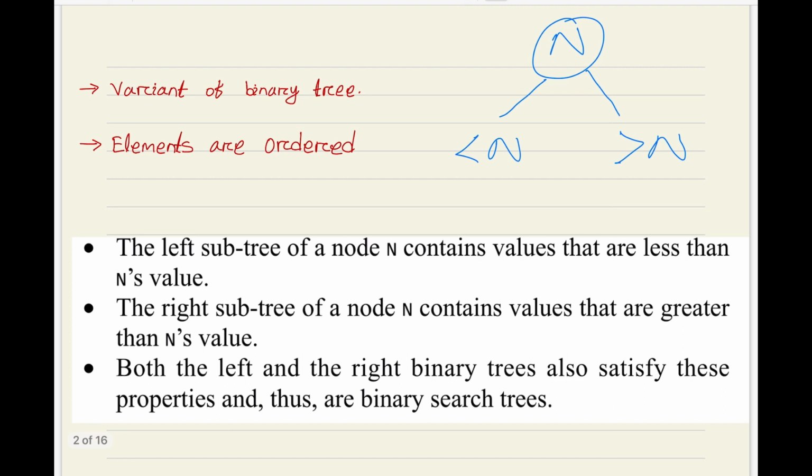So, these are the 3 properties that a binary search tree must satisfy. The left subtree of a node n contains values that are less than n's value. The right subtree of a node n contains values that are greater than n's value, and again both the left and the right subtrees also satisfy these properties and thus are binary search trees.